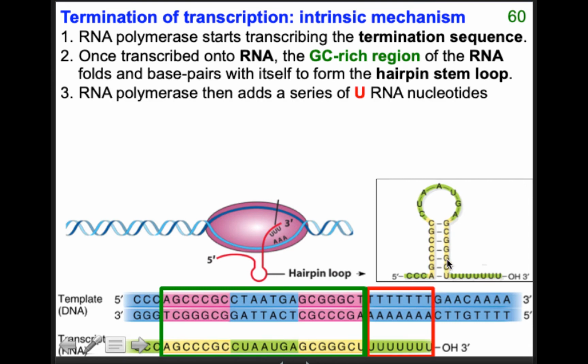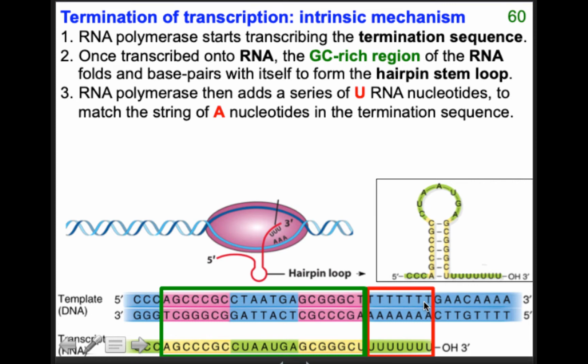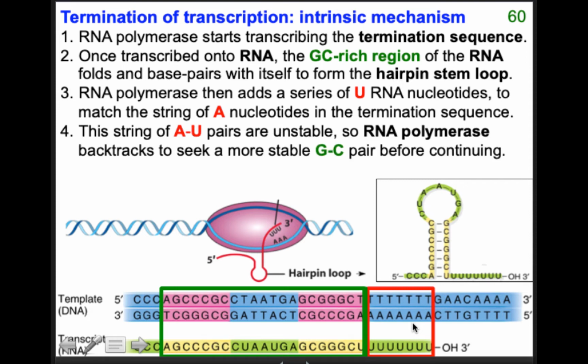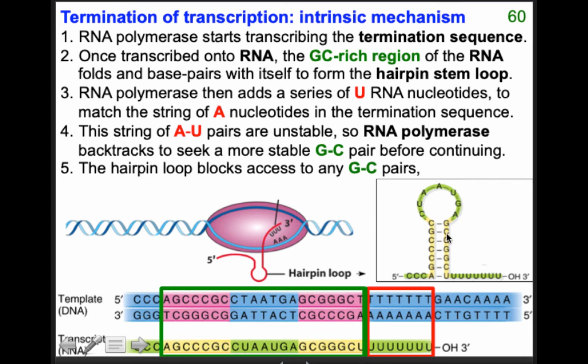After that, RNA polymerase also adds a bunch of U nucleotides to match the bunch of A's in the DNA template strand. Those AU pairs, since there are only two hydrogen bonds between each, are very unstable. So what RNA polymerase normally has to do is backtrack from these A nucleotides to find a GC pair to stabilize itself before it continues transcription. But these GC pairings have blocked RNA polymerase, so it can't go back.